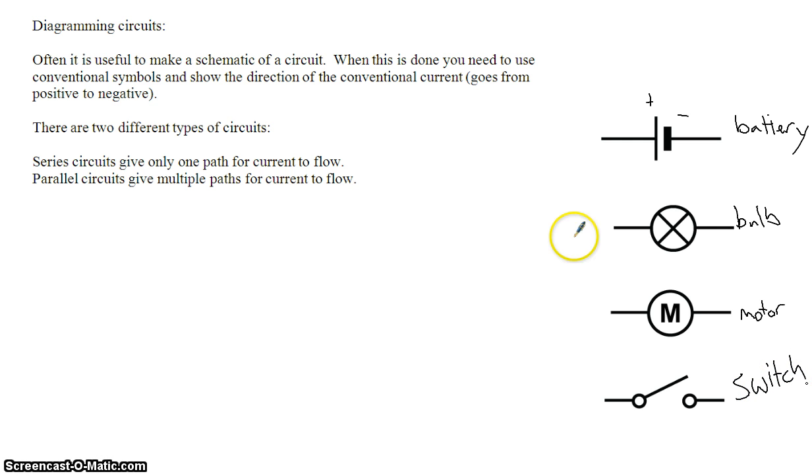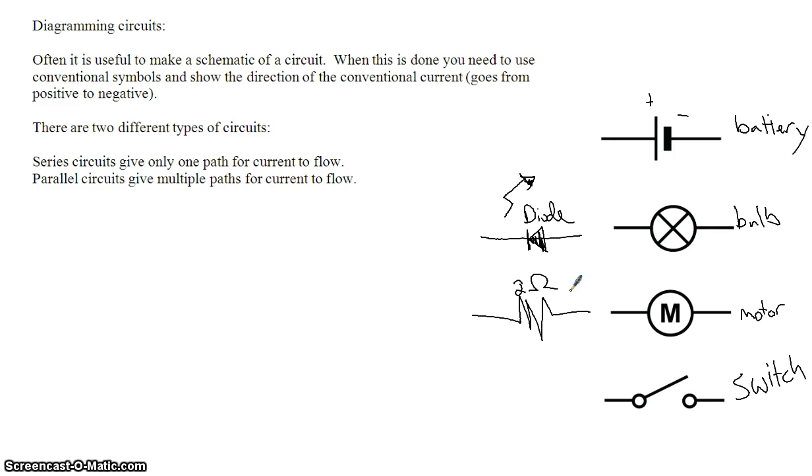Other common ones would be, this is a diode. If you have a diode with this little arrow coming off of it, then it's a light emitting diode. I don't know why it's not here, but a generic resistor is a squiggly line. Sometimes it has how many ohms written next to it.